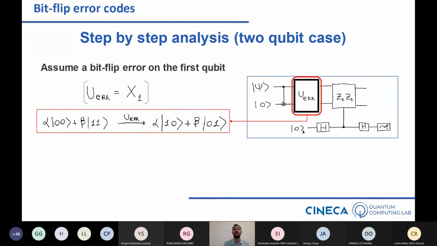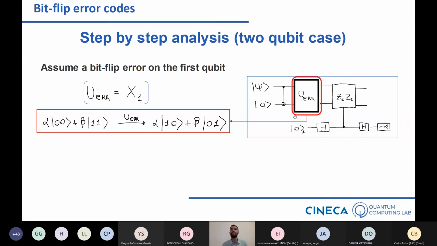This part is about the error. So assume that we have a bit flip error on the first qubit. So the bit flip error happens on the first qubit. This means that our state so far is this one.